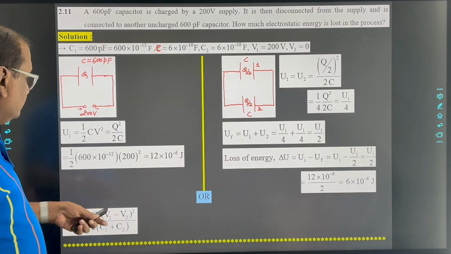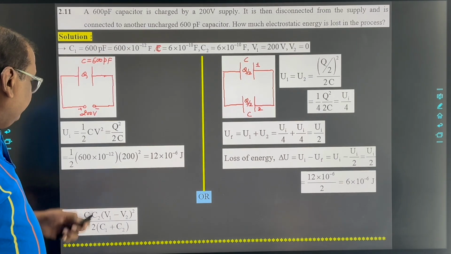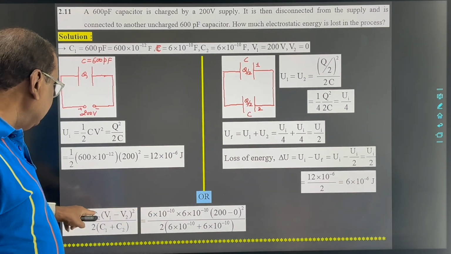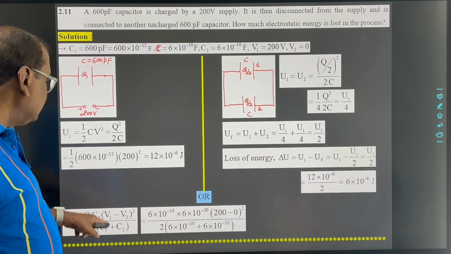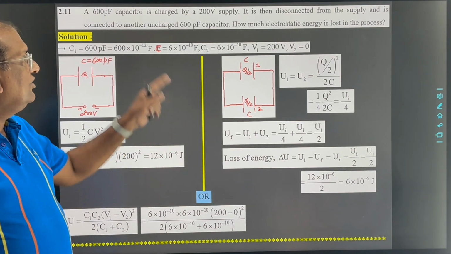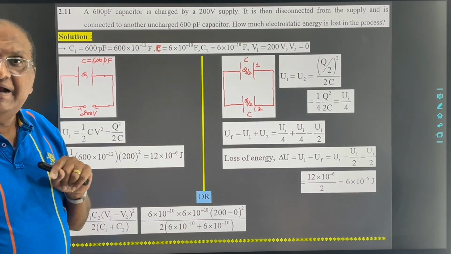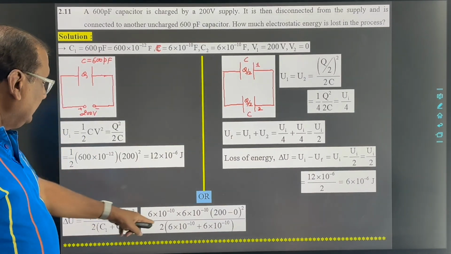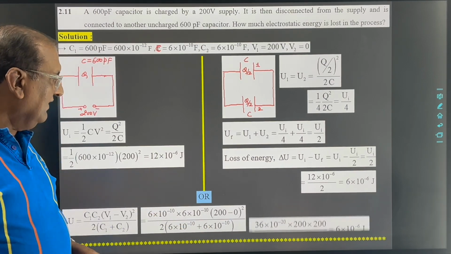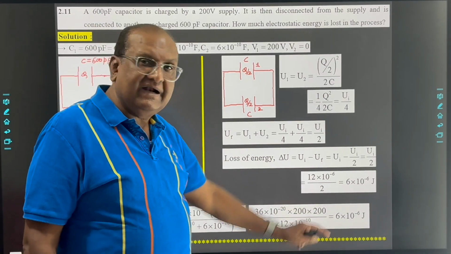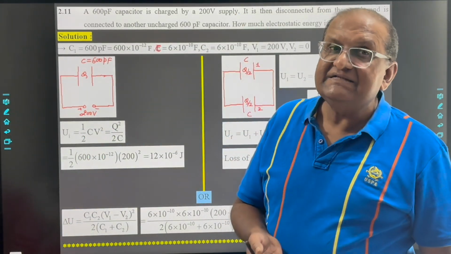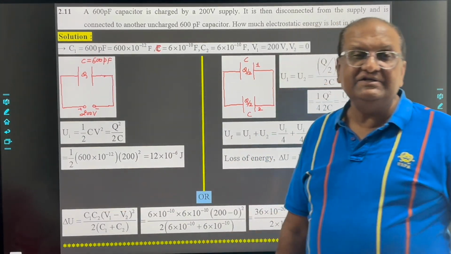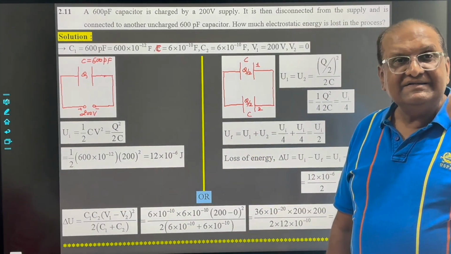So if you use this equation, then here if we substitute all the values: C1 6 into 10 raised to minus 10, C2 6 into 10 raised to minus 10, initial voltage 200, then after the battery is disconnected, the final voltage V2 is equal to 0, then upon 2 into (C1 plus C2). And if you solve this one, again you will get the same answer. So in entrance exams, to solve the MCQs, when this equation is used directly, your time will be saved. Clear?